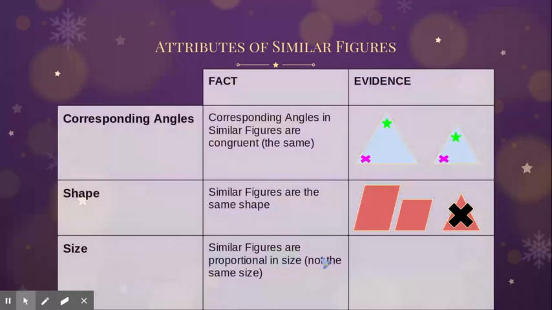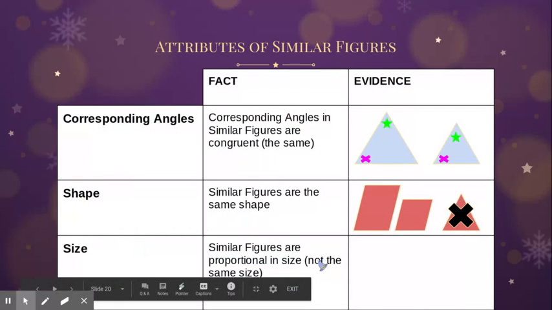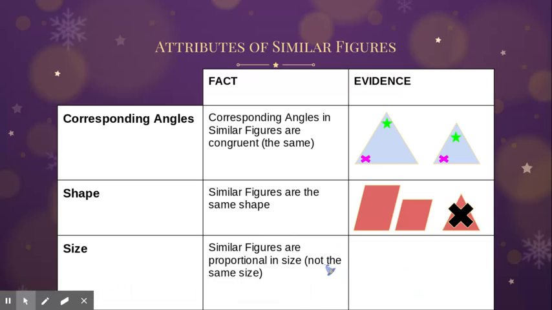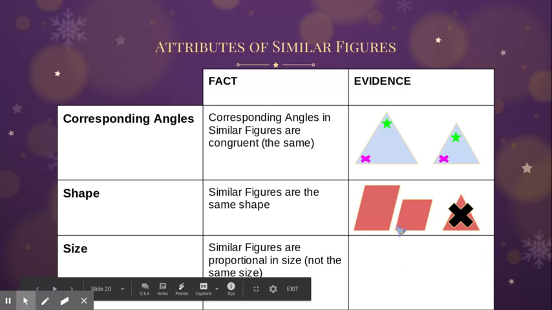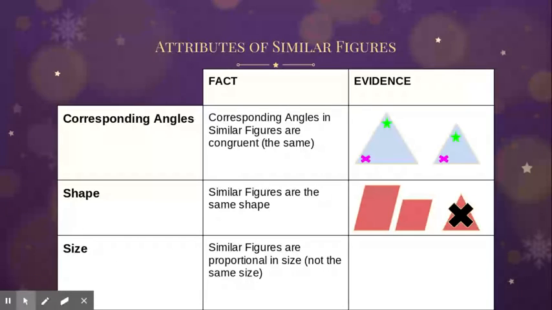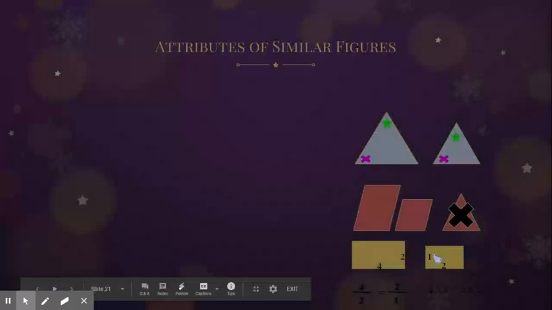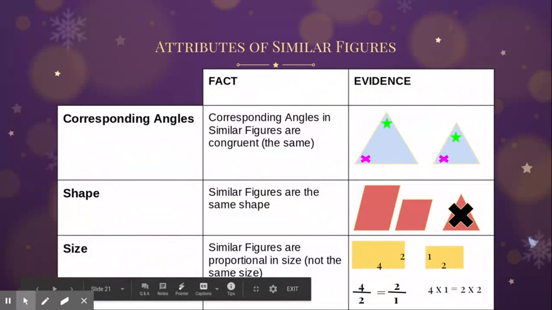Okay, so let's look at size. Our fact for size is that similar figures are proportional in size. Not the same size. So you see here, not the same size. They are proportional. That means they have the same proportion between the two of them. Okay, so look, if I have a rectangle and a rectangle, they're different sizes, clearly.